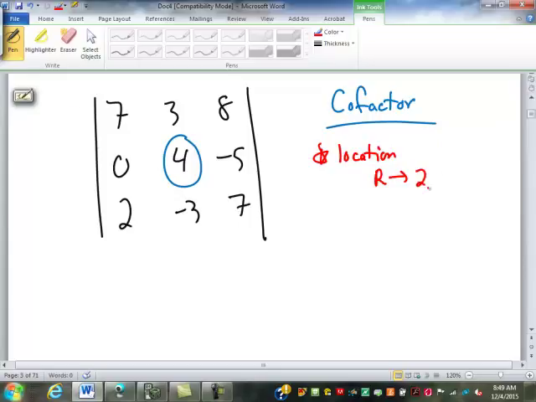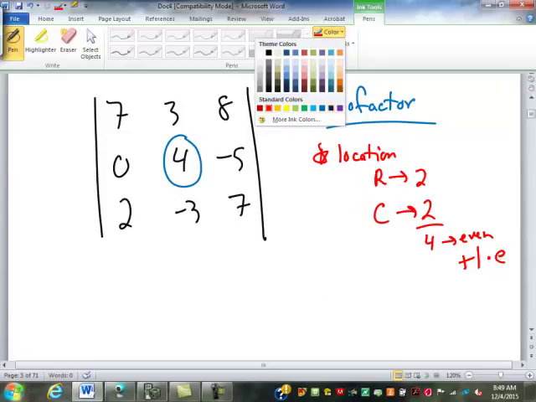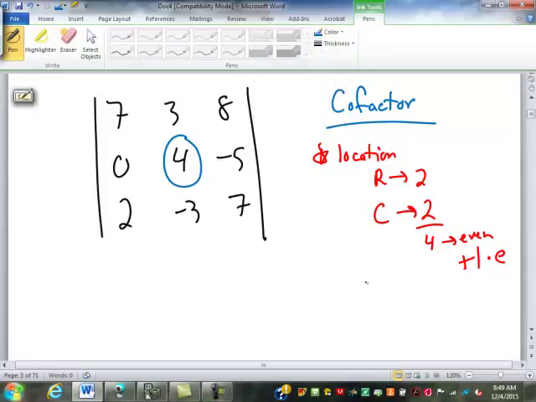It's in row 2. What column is it in? 2. What's 2 plus 2? 4. Since that is an even location, it's positive 1 times the element. So positive 1 times 4, it's a cofactor of 4, right? So it's just the number.